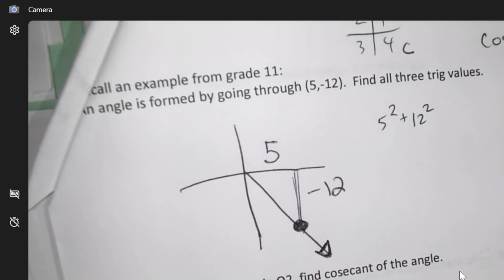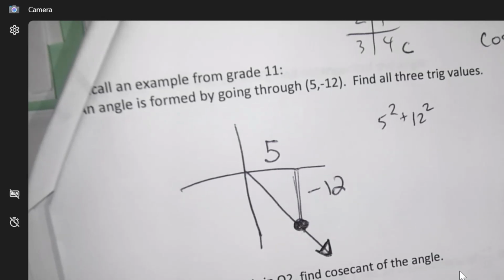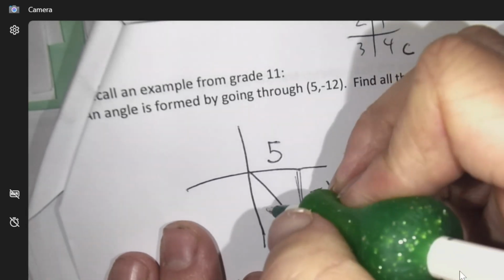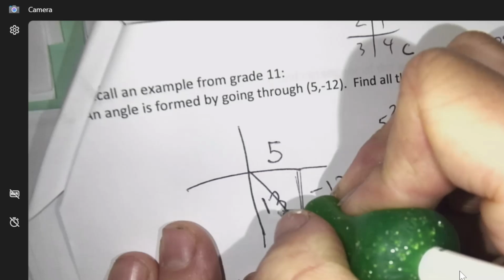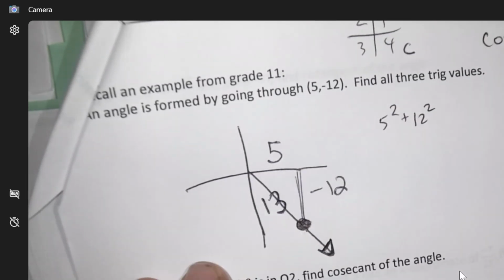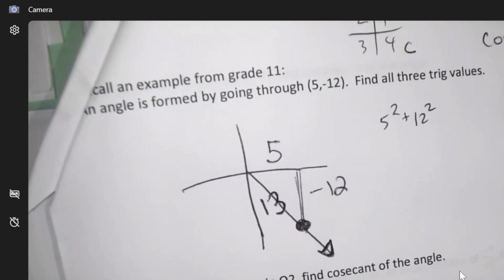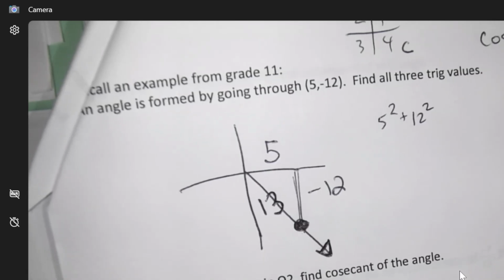Okay, I'm not doing negative 12 squared because I don't need that part of it. Can you get me a hypotenuse here? Square root, right? You're going to be square rooting it with the Pythagorean.